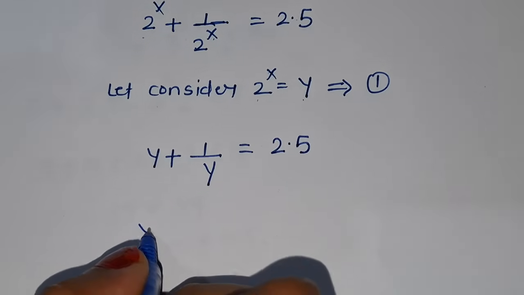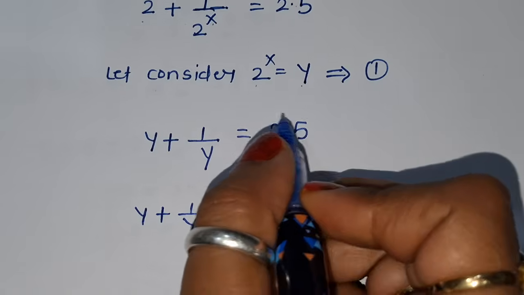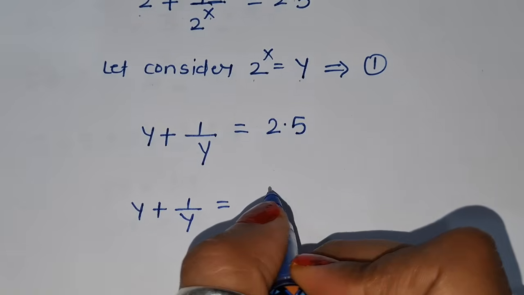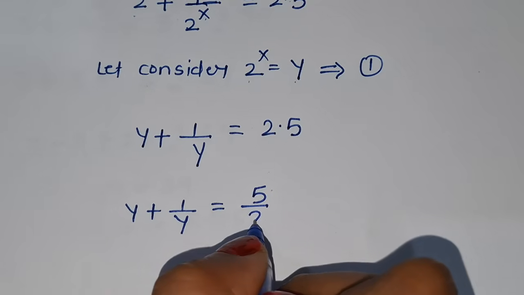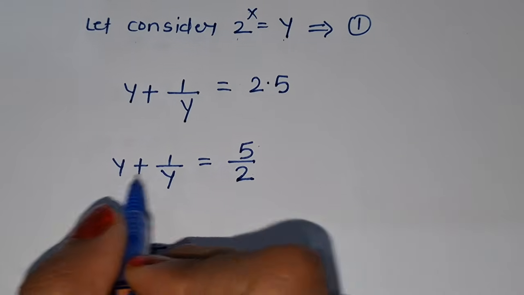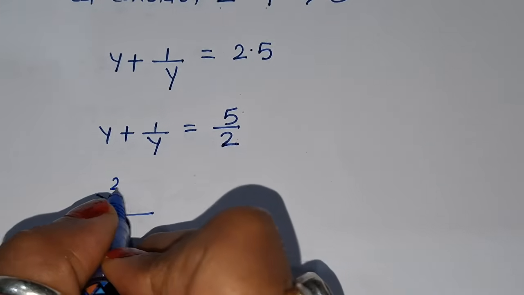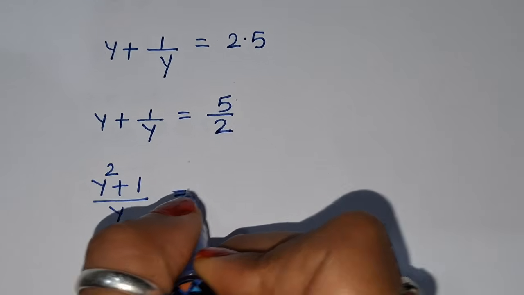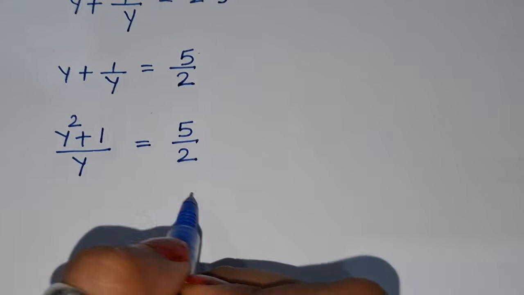So y plus 1 upon y is equal to 2.5, and this 2.5 we can convert into fraction form, then we get 5 by 2. Now taking the LCM, we get y square plus 1 upon y is equal to 5 by 2. Now we do cross multiplication.